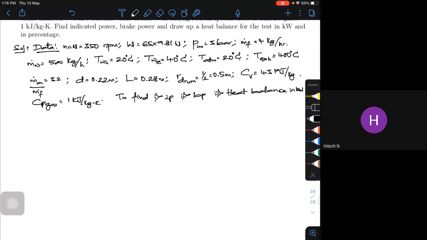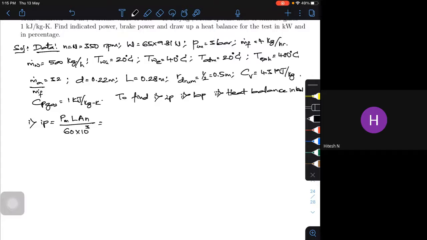Let us calculate the first one, indicated power. Indicated power is given by PM, the mean effective pressure, into L into A into N divided by 60. If it is in watts and you want kilowatts, divide by 60 into 10 to the power of 3.